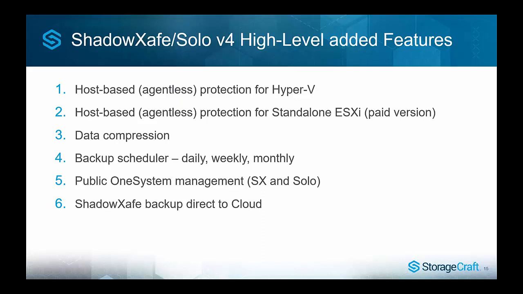Version 4 also includes data compression. So this is the first release where the software by default will start compressing the backups. So this is really nice. Before this, the backups were raw data and really relied on, or you wanted to look at, storage that could dedupe and compress this. The way that ShadowXafe compresses this data can still be deduped really well, the type of way we write the data, so that you can get a lot of extended and global dedupe benefits by having storage that can do that.